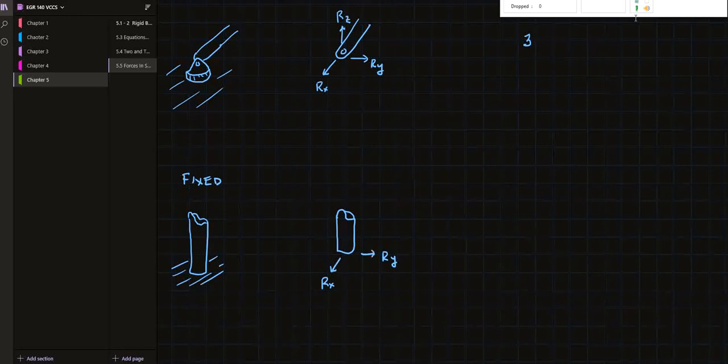Let's keep it Rx, Ry, and Rz. So we have these three constrained here, but this thing also can't rotate about any of these axes. So we'll have a moment at X. We'll have a moment at Z. And we'll have a moment of Y. Now this jumps up to 6 unknowns.